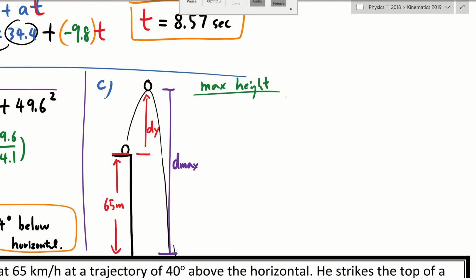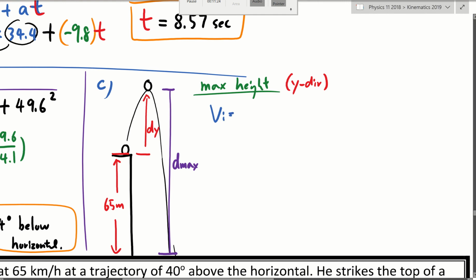So in the y direction, this is what you have. V initial is the same V initial you have, which is 34.4 from the beginning, acceleration is of course negative 9.8, but you have a V final at the maximum of 0.